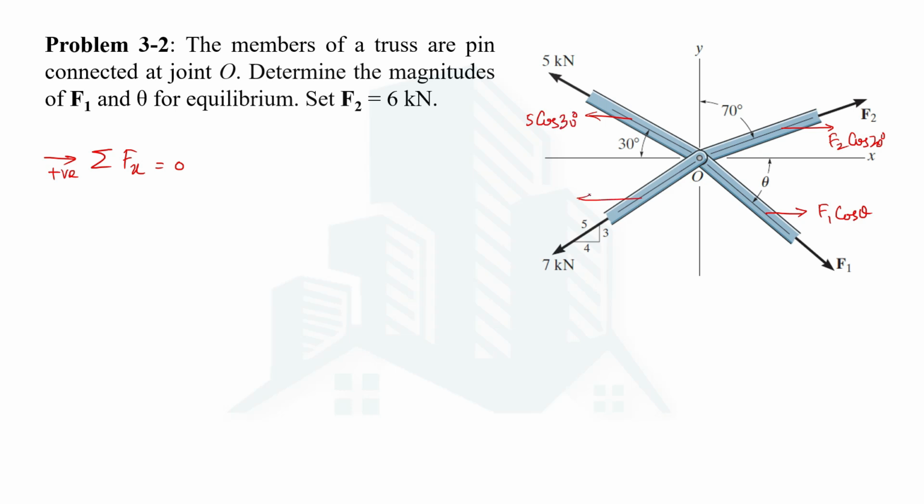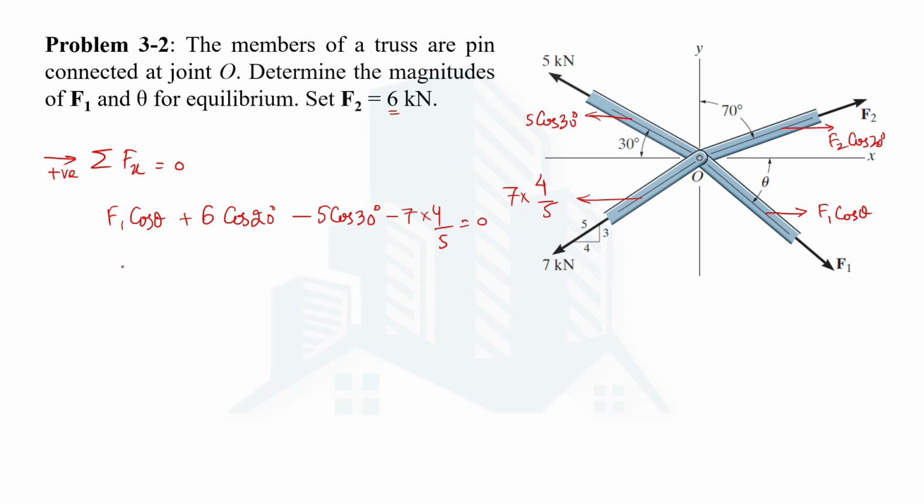The x component of 7 kilonewton would be 7 multiplied by base upon hypotenuse, means 4 over 5. Hence F2 and F1, which are rightward, should be positive. So F1 cos theta plus F2, whose magnitude is given, so 6 cos 20 degrees minus 5 cos 30 degrees minus 7 multiplied by 4 over 5 equal to 0.